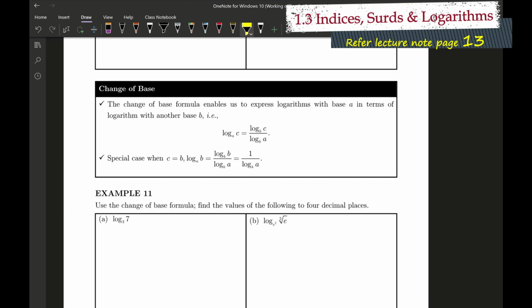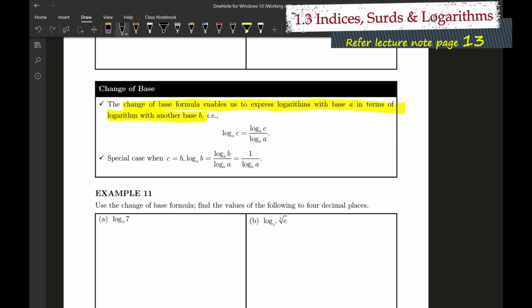Change of base enables us to express log with base A in terms of log with another base B. When we change base, normally we change it into base 10 or base e, to make it easy to use a calculator, because base e and base 10 we can solve using a calculator normally.